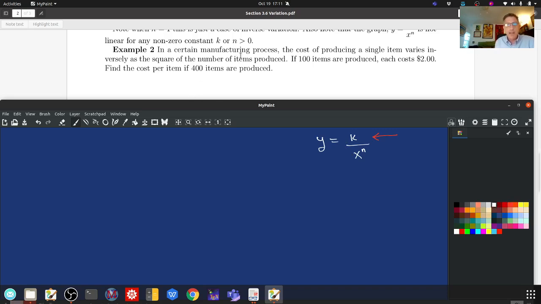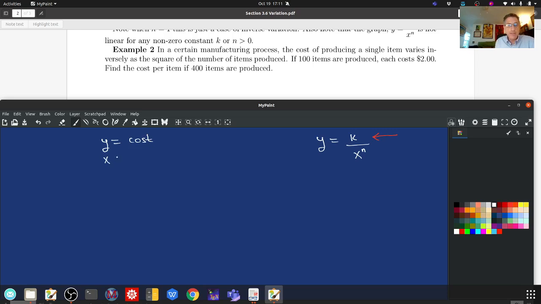In a certain manufacturing process, the cost of producing a single item varies inversely as the square of the number of items produced. So in this case, we're just going to keep the same variables. y is going to stand for our cost. If you want to let y be equal to c, that's fine.